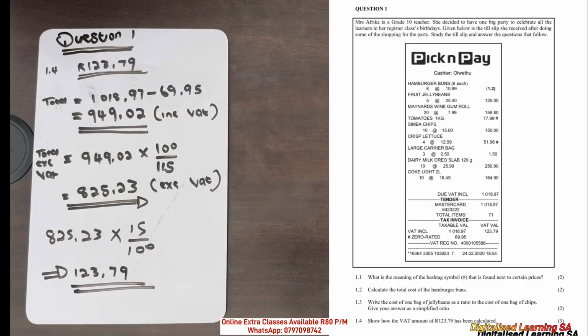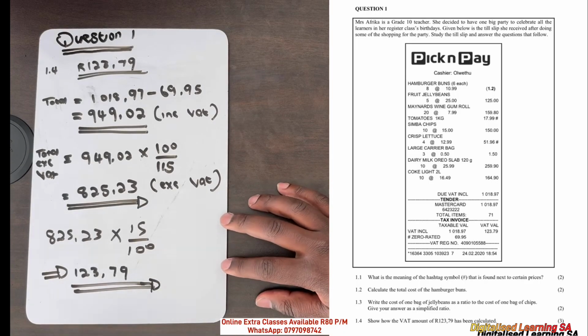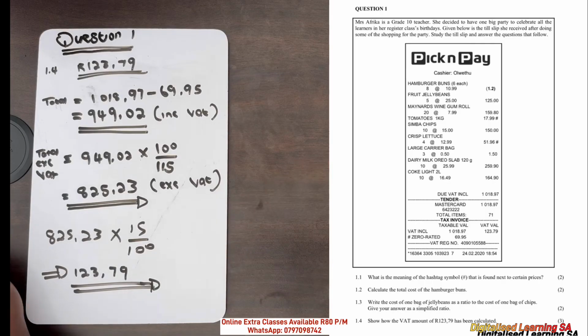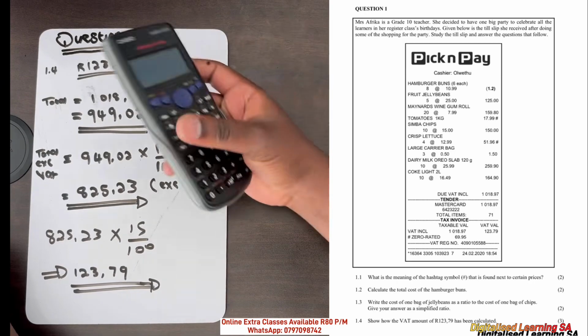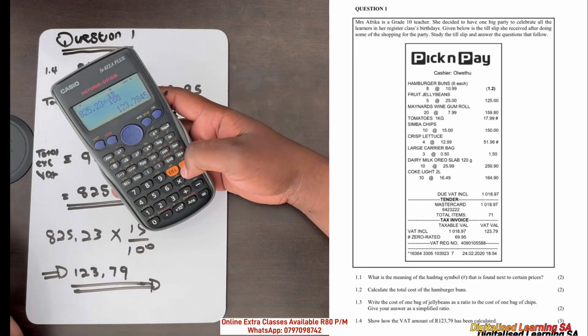So there we go, this is our VAT. That's what we were asked. Remember the question said show how the VAT amount of 123.79 has been calculated. So this is how it has been calculated.